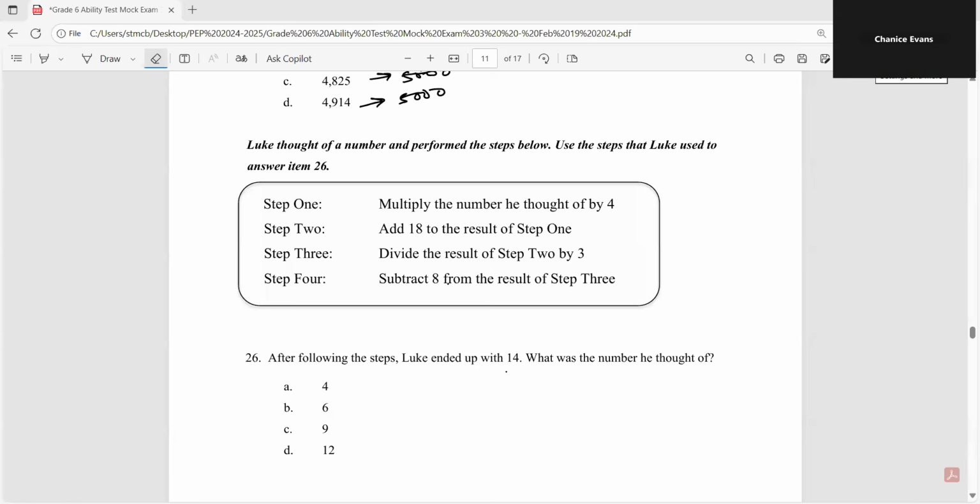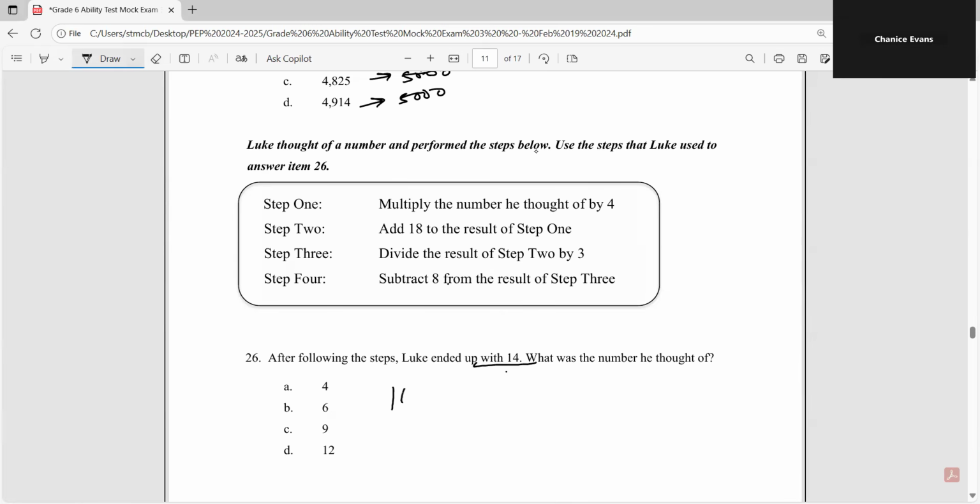To get my answer for number 26, I did the opposite operation for each. So instead of subtracting, I used the 14 and added 8 to 14, which gave me 22. Then I multiplied 22 by 3, which gave me 66.